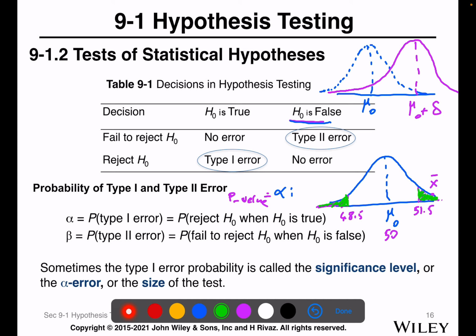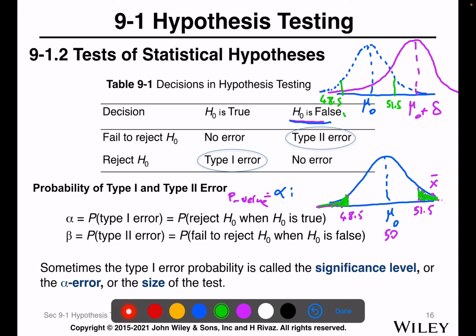So now I had some boundary that I would say I would reject the null hypothesis, right? So from the previous slide, for example, if the x bar that we calculate is between 48.5 and 51.5, we would accept the null hypothesis, right?